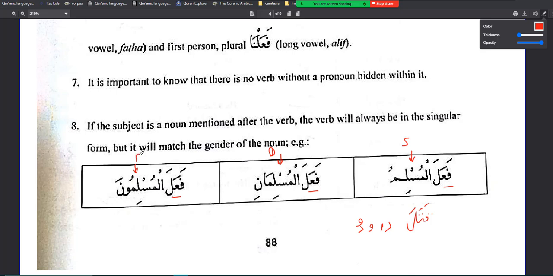Okay, it's going to be fa'ala. So fa'ala al-muslimu, the Muslim did, and fa'ala al-muslimani, then the two Muslims did. فعل المسلمون, what is the meaning? Yes, all the Muslims did.